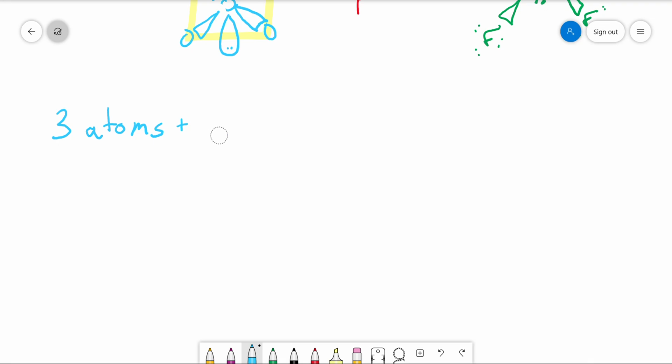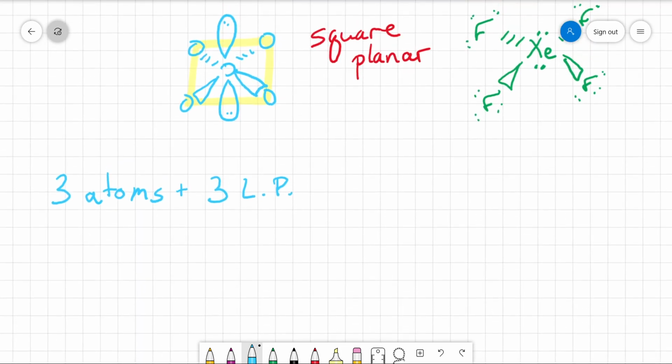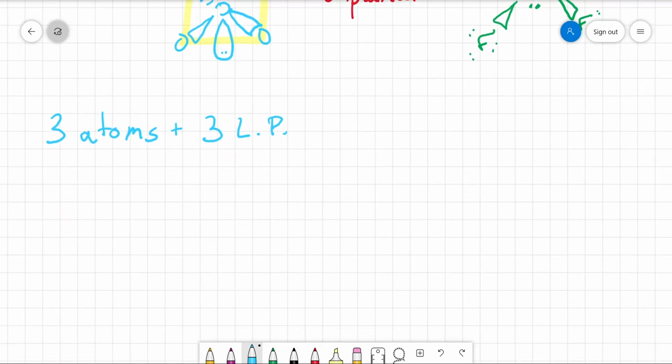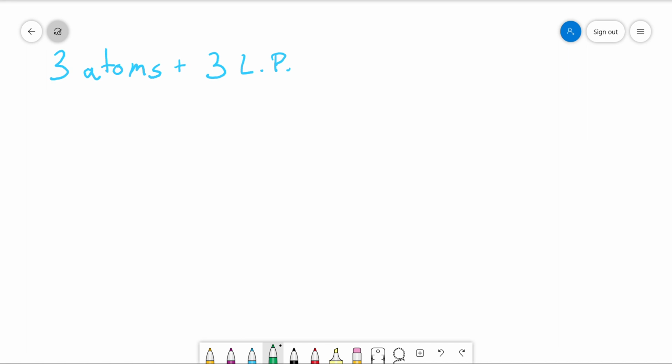Oh, gosh. Someday I'll learn to count. 3 atoms, 3 lone pairs, because it has to add up to 6. We're doing 6 things. So now if we look at that square planar, where are we going to put the other lone electron pair? It actually doesn't matter again, because all of those are equivalent. So we'll just pick a spot. Okay. So let's draw that.